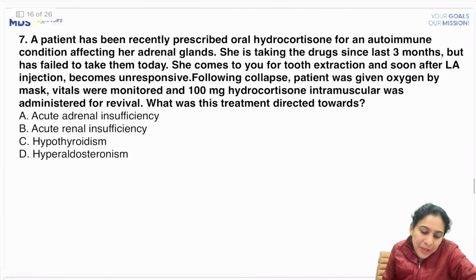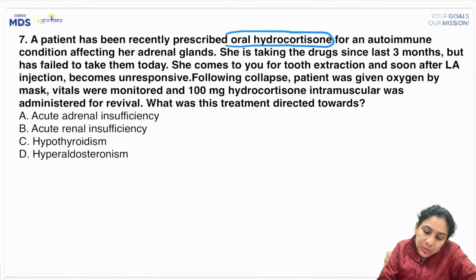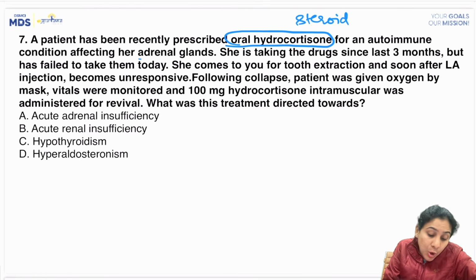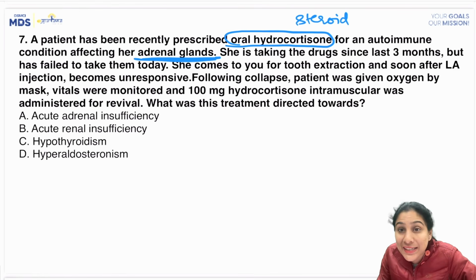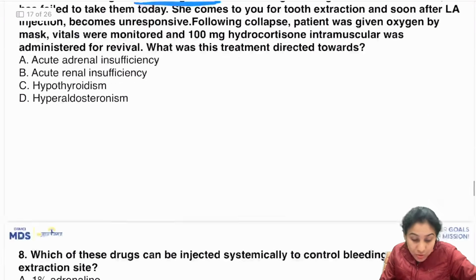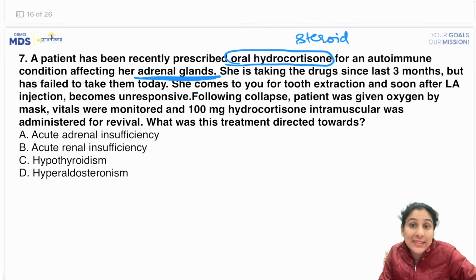Okay. A patient has been recently prescribed oral hydrocortisone. What is oral hydrocortisone? It is a steroid for an autoimmune condition affecting her adrenal glands. Now, which autoimmune condition will affect the adrenal glands? It is adrenal insufficiency, adrenal crisis, also known as Addison's disease.